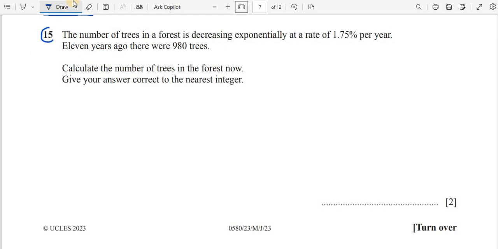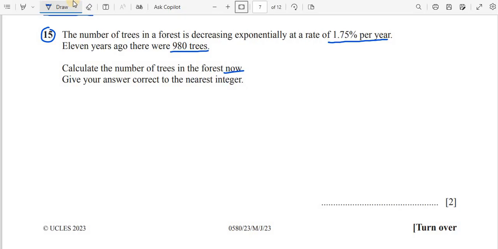Question number 15. The number of trees in a forest is decreasing exponentially at the rate of 1.5% per year. 11 years ago there were 980 trees. Calculate the number of trees in the forest now. Give your answer correct to the nearest integer.